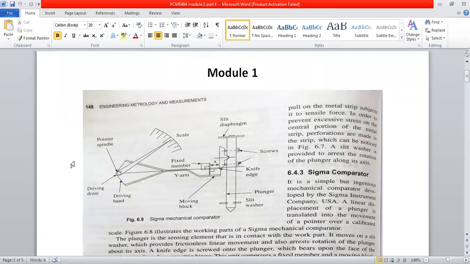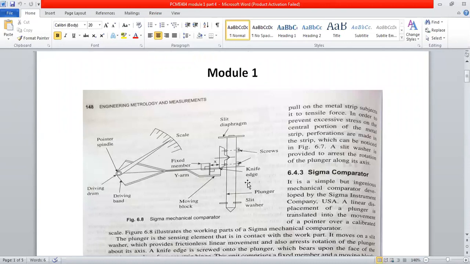So when it rotates, there is the driving band, and this is the moving block. With the help of the driving band, the moving block will be displaced in the horizontal direction, or you can say translated, when the indicator rotates.